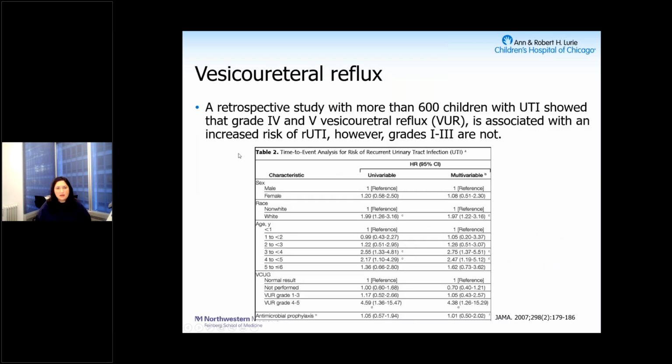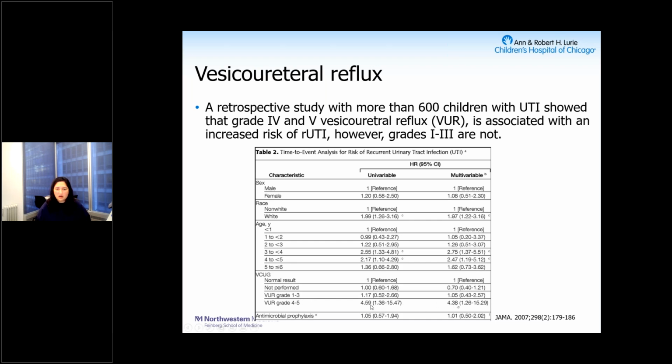This particular study was a retrospective study that looked at more than 600 children with UTI, and they showed that children who had high-grade, grade 4 and 5 VUR had an increased risk of recurrent UTI, but grades 1 to 3 did not. This is down here.